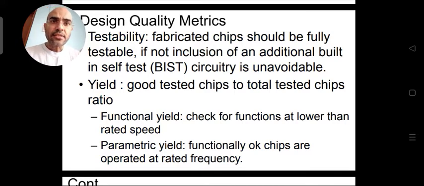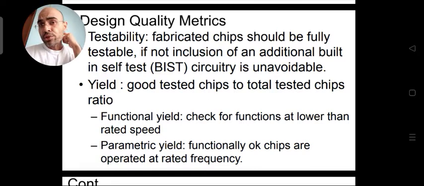So we design a circuit called the built-in self-test circuitry, which has the option to test the optimal cases, or you can check all the cases. In present designs, this is unavoidable; it should be there.